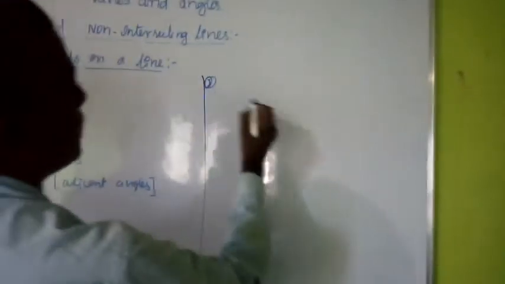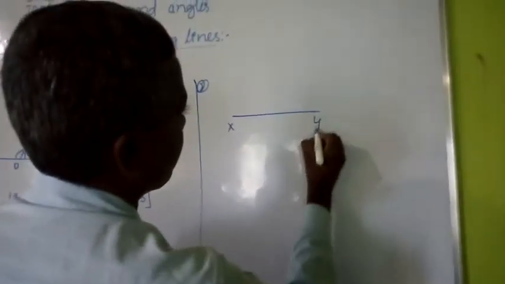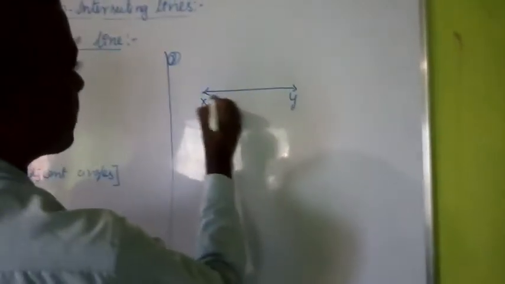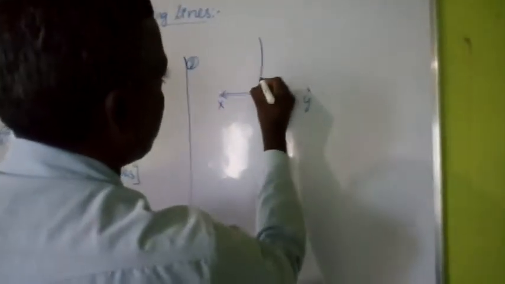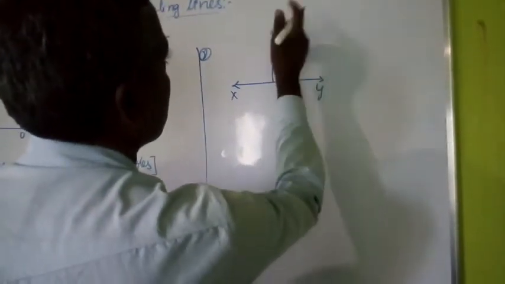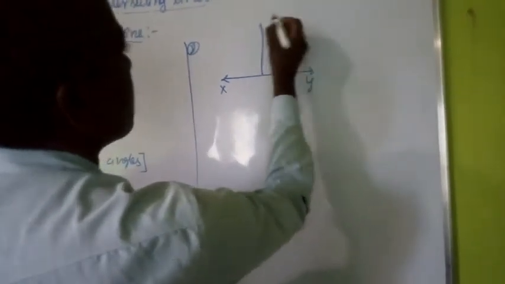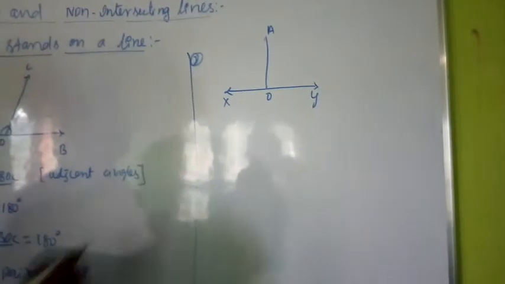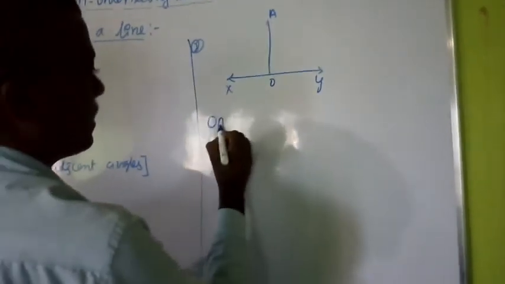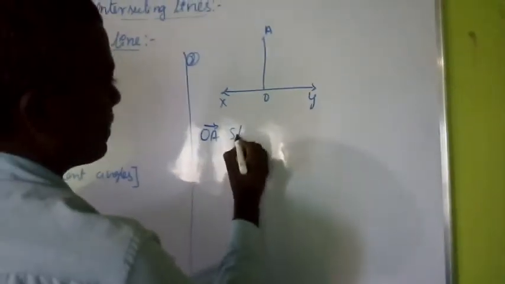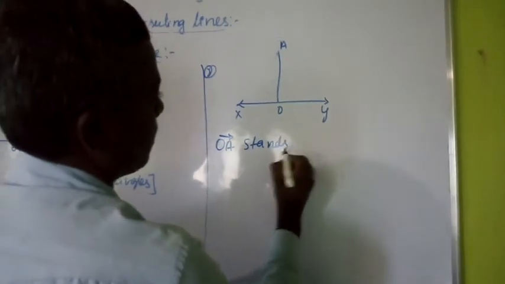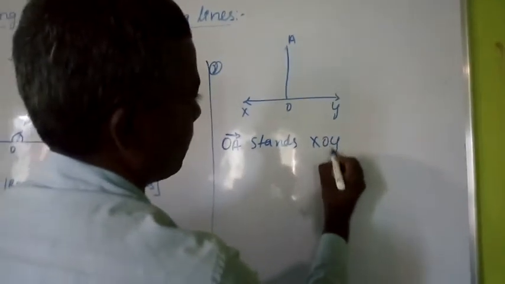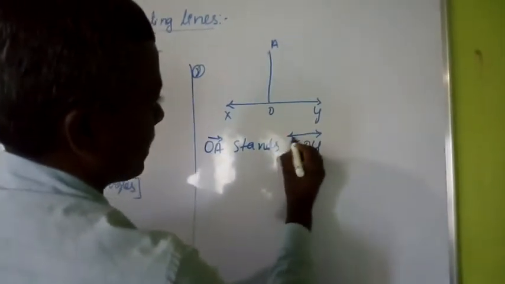See, one more example here. If this is straight line XY, a ray should stand on it. So this is OA. Okay, so this ray OA stands on XOY. XOY is your straight line.